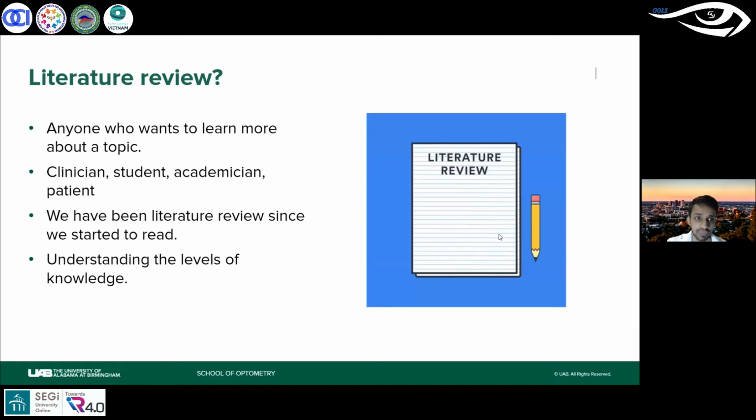One of the other things is who or when you should do a literature review. If there is anyone out there who wants to learn more about a topic and you have realized you don't know anything about it. And this was true almost until 2 years ago about Demodex blepharitis, when I started studying it.